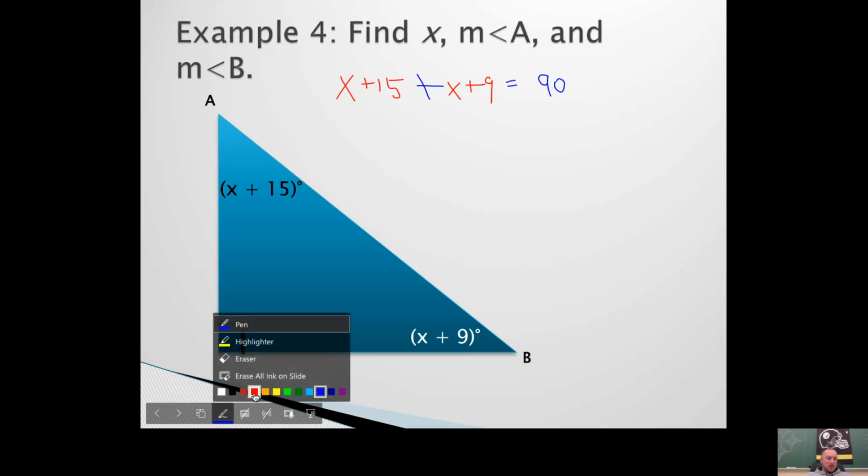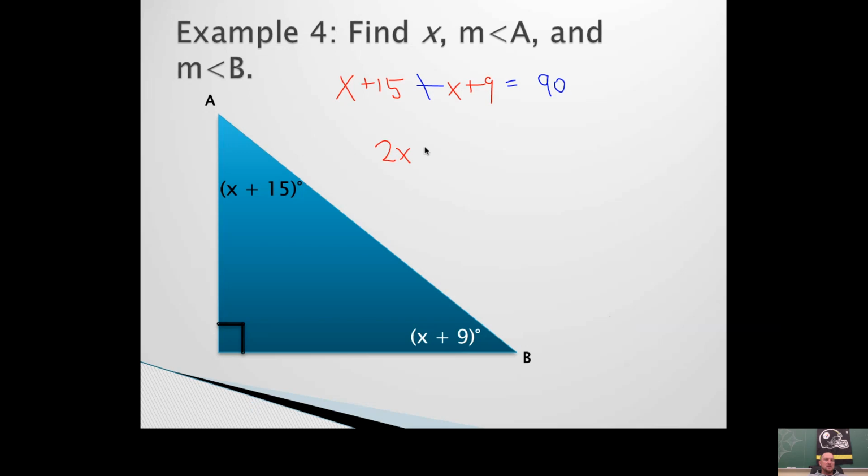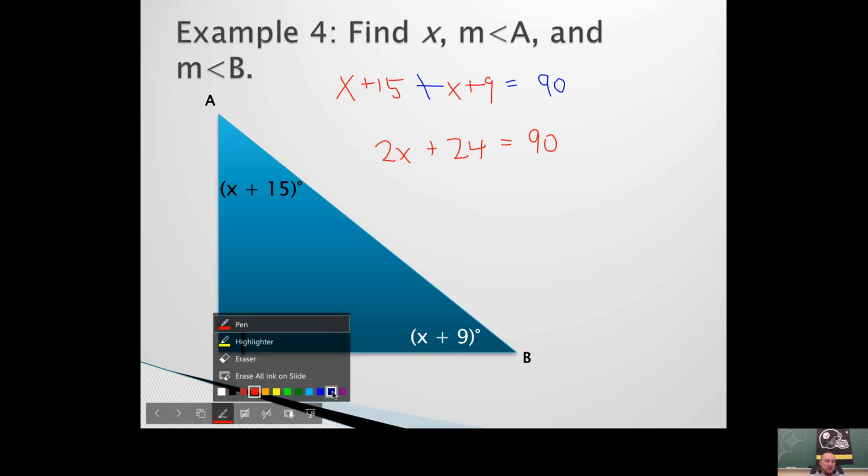So now we'll just combine our like terms since there's 4 terms on the left side. There's 2 x's and there's also 24. We're going to subtract 24 from both sides.